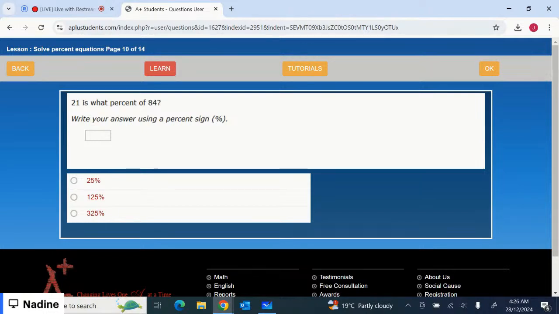21 is what percent of 84, which is the correct option? That is 25%.